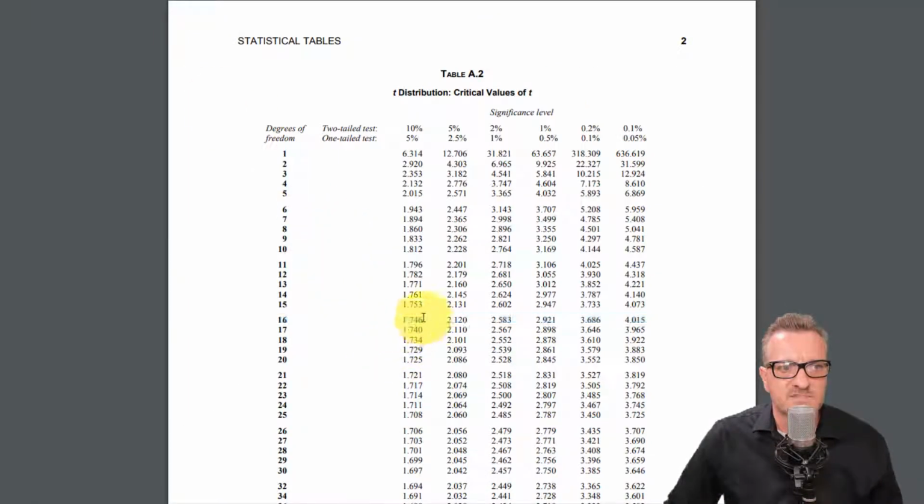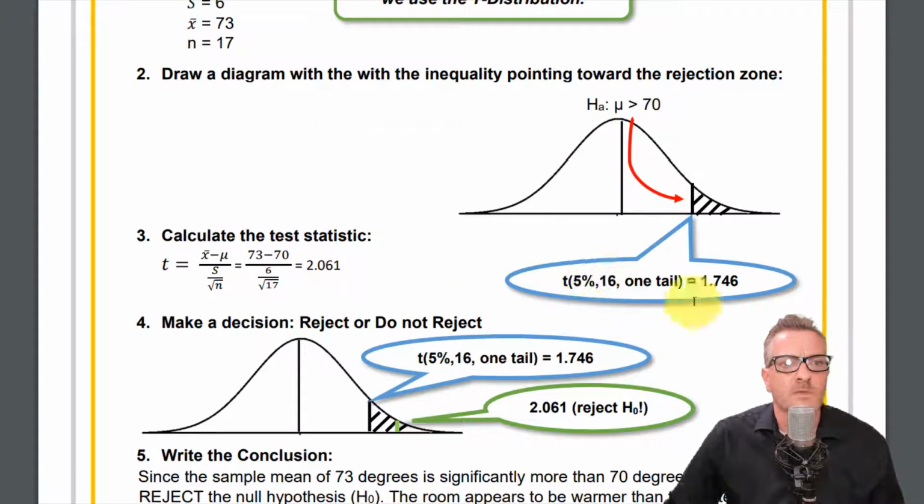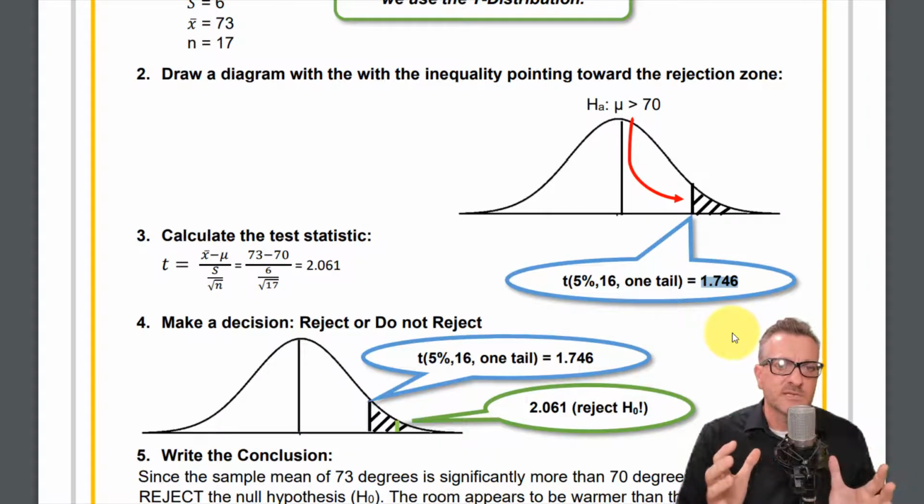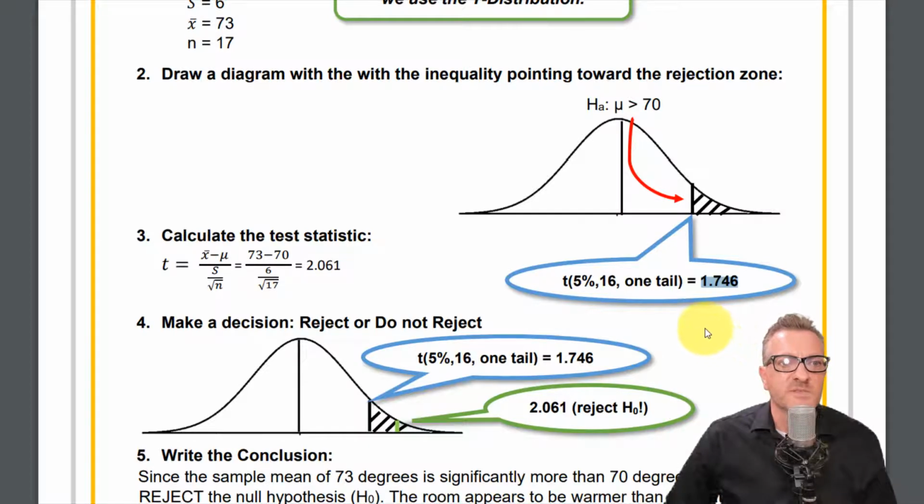And so it's this value right here. 5% one-tail test, and then 16. So 1.746. So we have that value there. That whole t-table is set up just to get the t-score. So it's quite a bit different than the z-distribution.